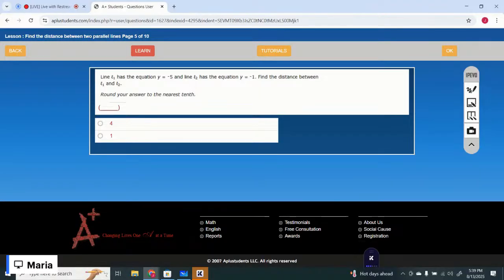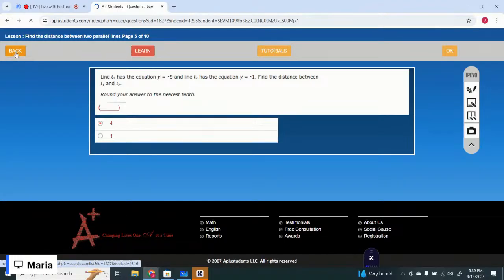Find the distance between L1 and L2. That is 4. Option number 1 is the correct option.